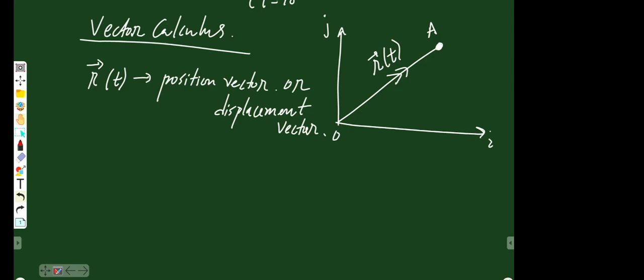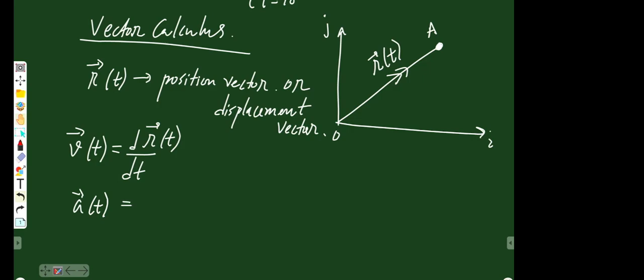Doesn't matter. Okay. Now, if the position vector is given to you and you need to find the velocity, as I told you before, it's just a matter of doing this, right? And if you need to find the acceleration, it's just a matter of doing this or that.